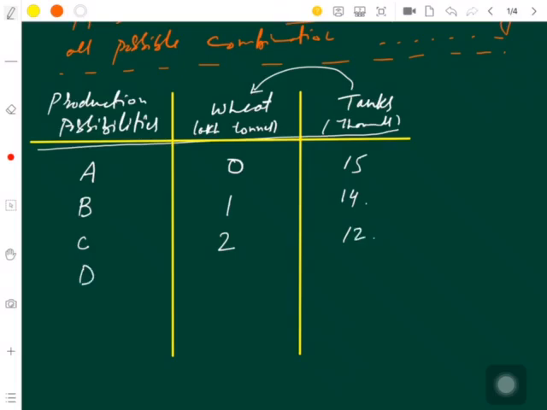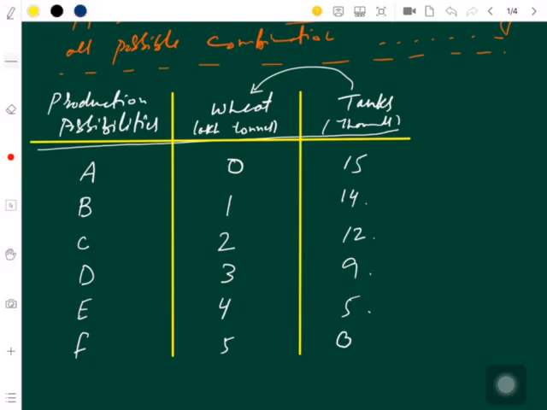Let us take one more combination: 1 more lakh tons of wheat, and fewer tanks. Let us take one more, 4, and this will decrease more. Let us take the last one as 5, and if we are producing 5 lakh tons of wheat with the available and given resources and technology in the economy, we won't be able to produce any tanks.